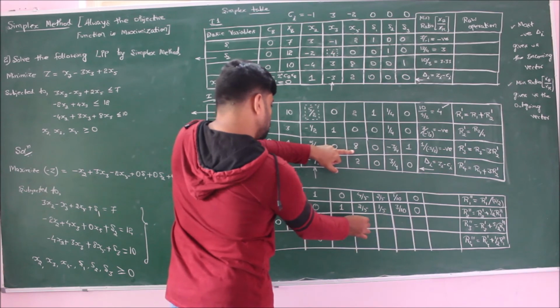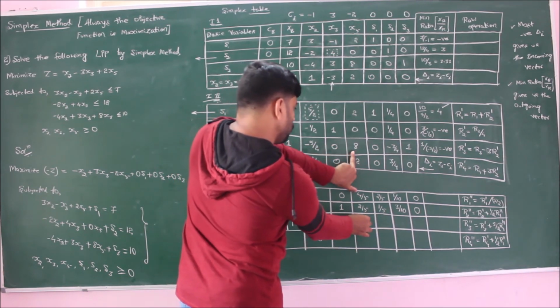So next we have 8 and here we have 4 by 5.